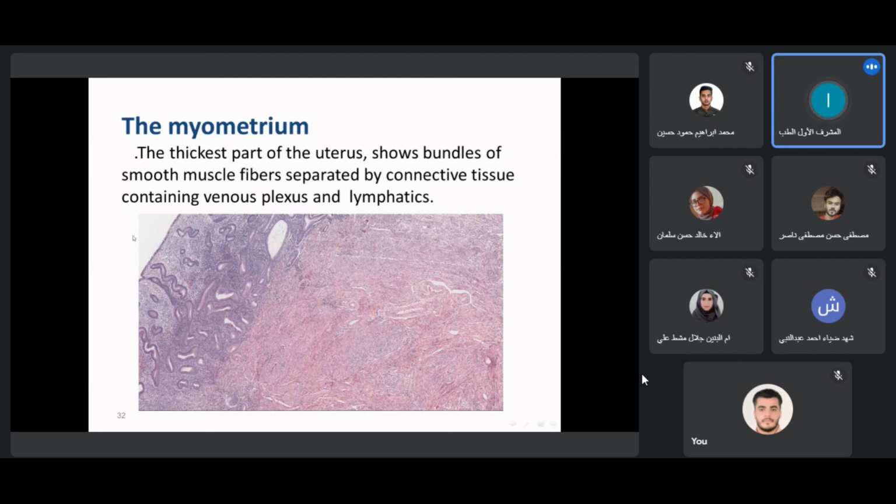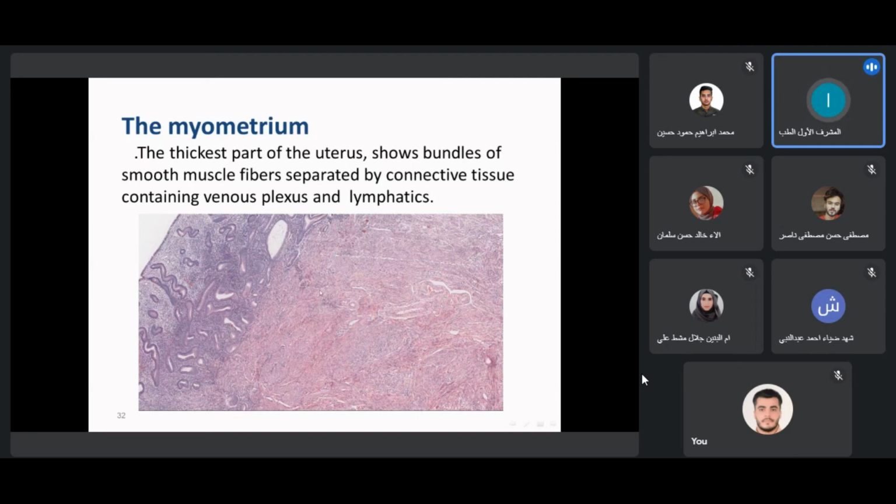This is the endometrium. You can see here the branching uterine glands, surface epithelium. This is the basal layer, and this is the functional layer. Next here is the thick, smooth muscle wall, the myometrium.